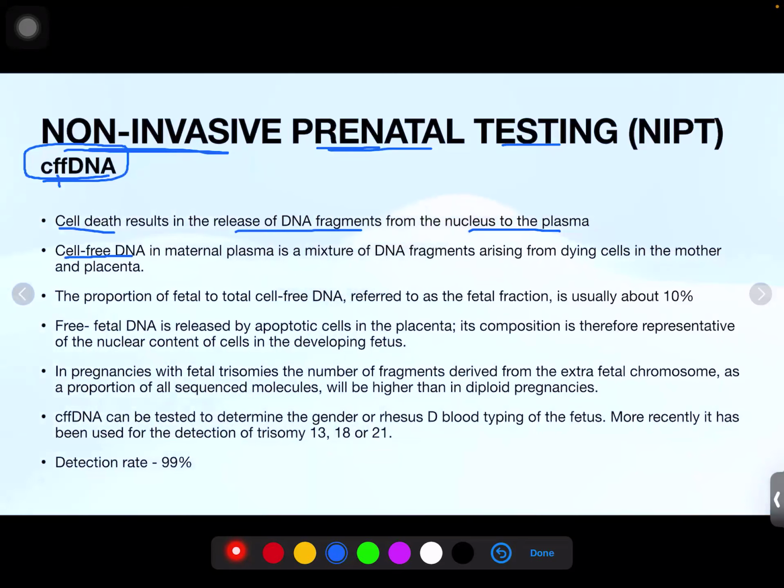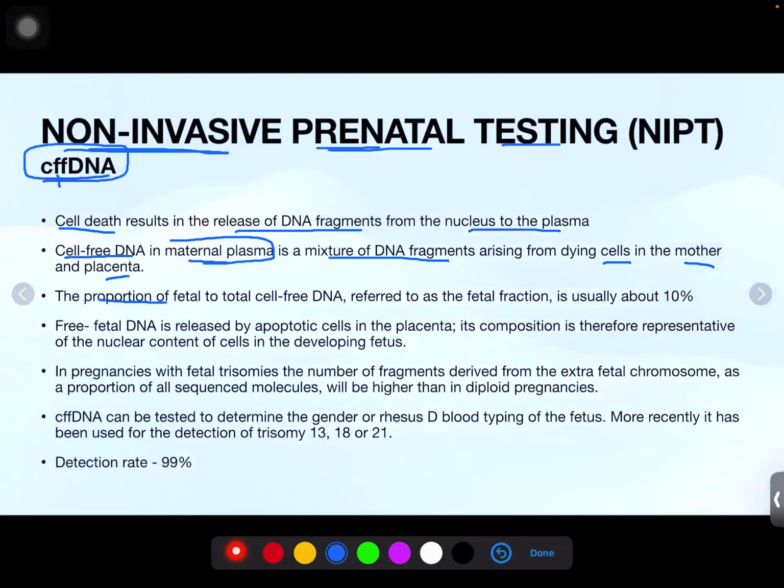The cell-free DNA in maternal plasma is a mixture of DNA fragments arising from dying cells in the mother and placenta, because when the woman is pregnant, the dying cells of the mother as well as the placenta, because the placenta is working as an apoptotic organ.